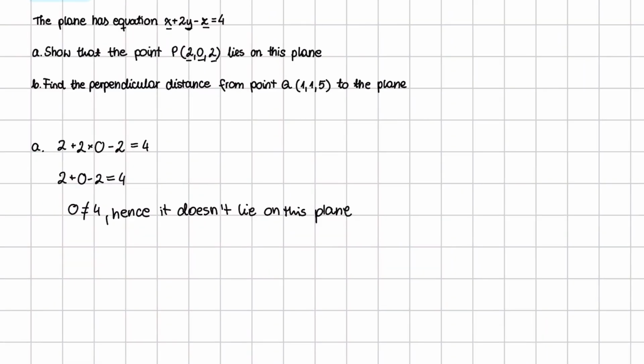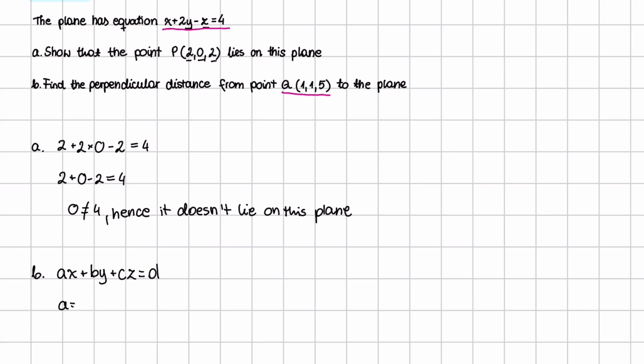B. Find the perpendicular distance from point Q (1, 1, 5) to the plane. So from this point to our plane. So firstly, let's write our general formula. So ax plus by plus cz equals d. So we can identify our coefficients from our plane equation.